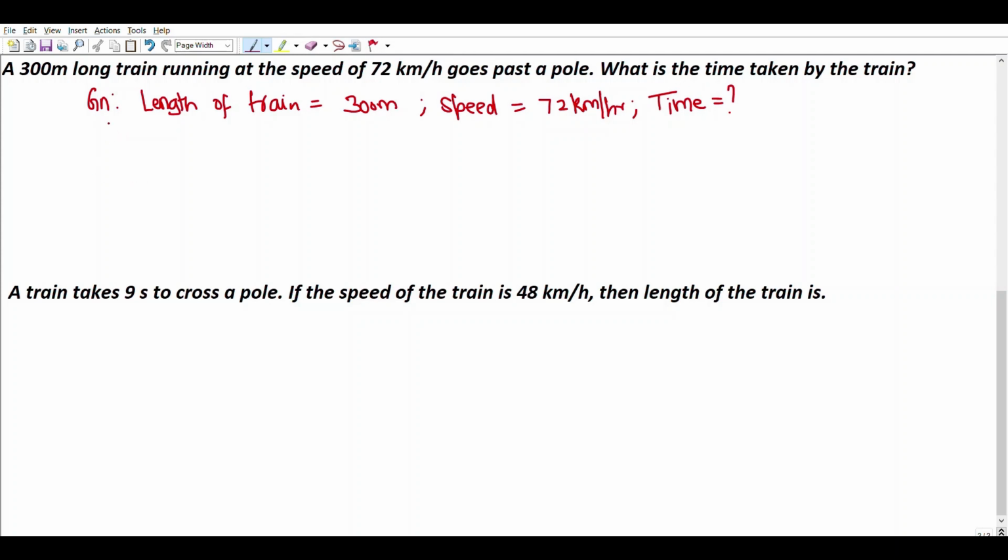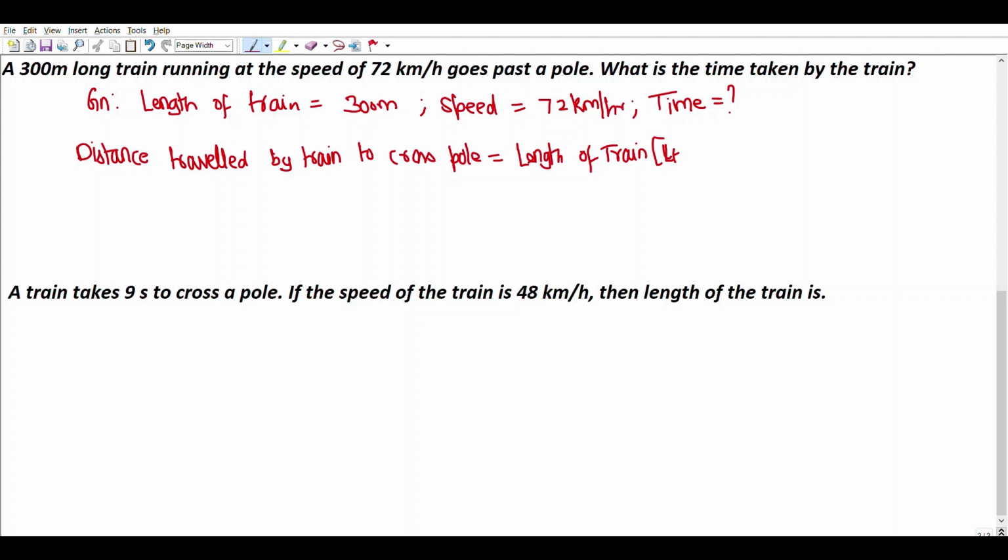So we know that distance traveled by train to cross the pole is equal to length of train, L_T, plus length of pole, L_0.